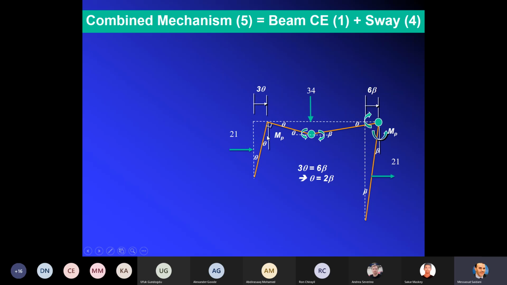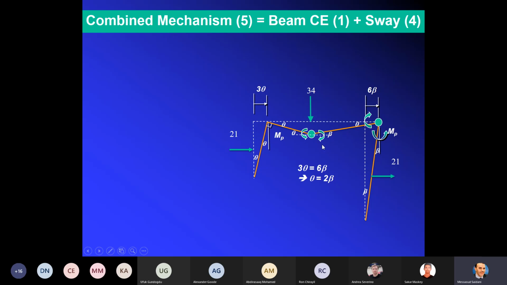So this joint here will remain rigid, and there is no hinge rotating. That is not the case on the right side. On the right side, the column and the beam are rotating in opposite directions, so they come closer. So therefore, there is a hinge forming at this corner here.